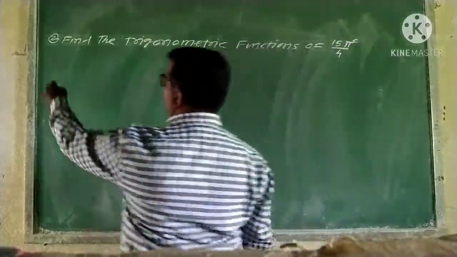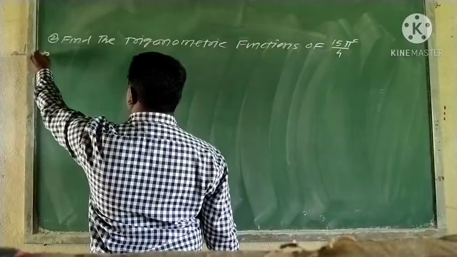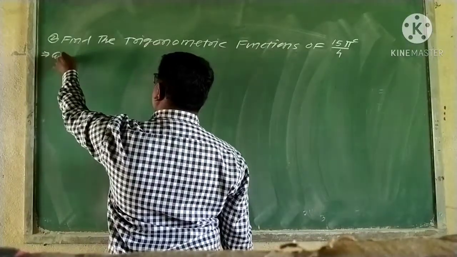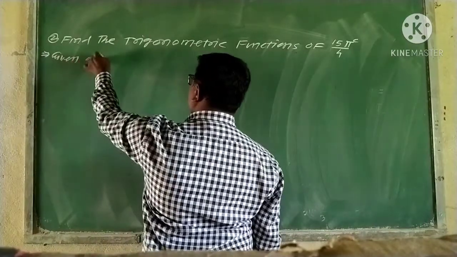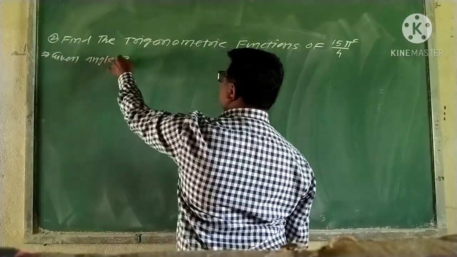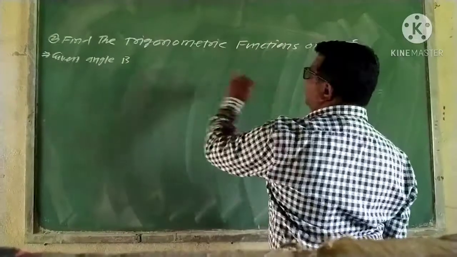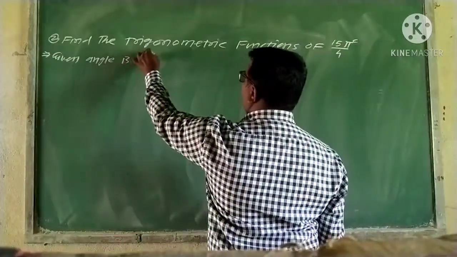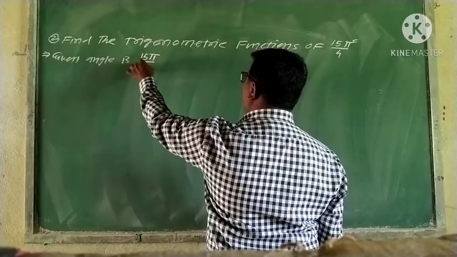Now here, the given angle is 15 pi divided by 4 radian.